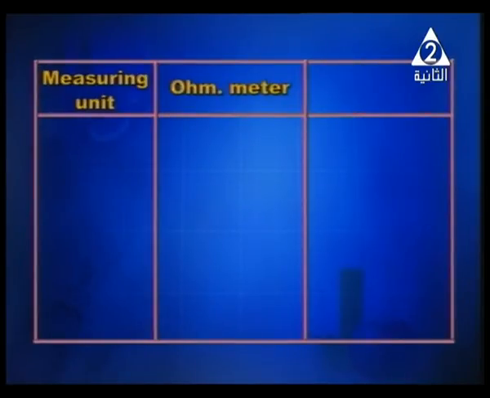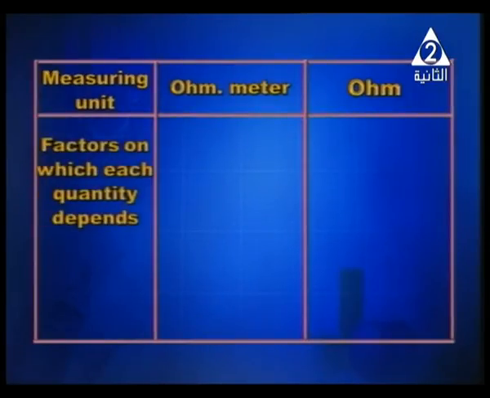The second point of difference is the measuring unit. The measuring unit of resistivity is ohm meter, but it is just ohm for the resistance. The third point of difference is about the factors that affect each quantity.